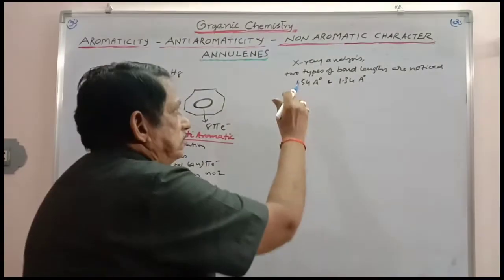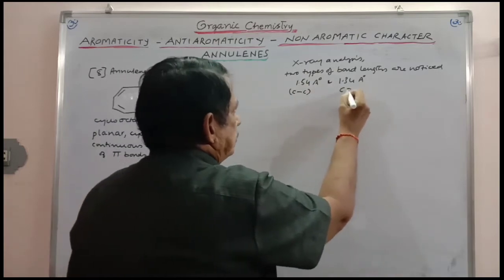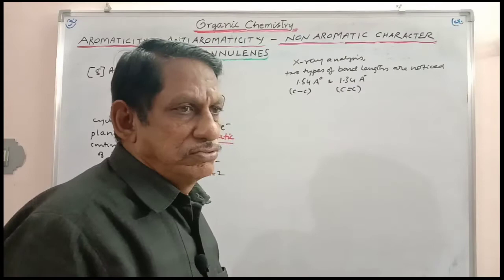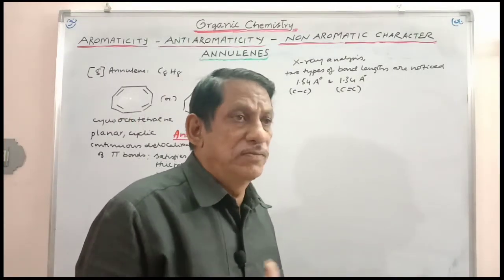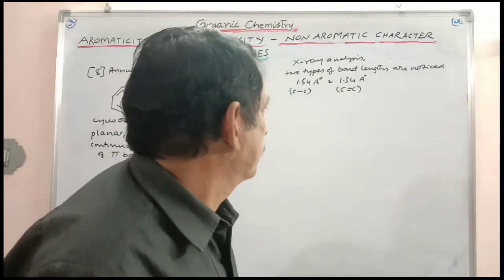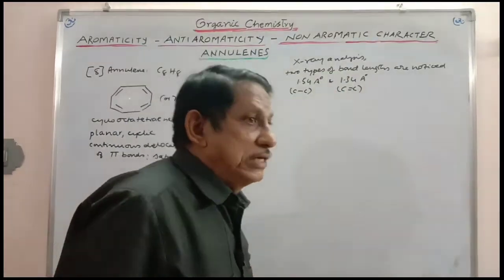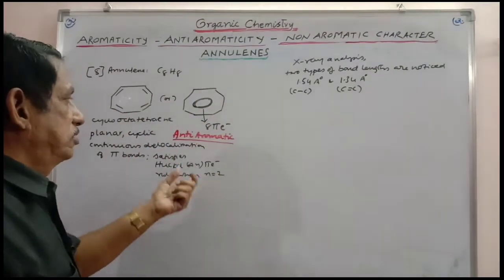This is for C single bond C, and this is for C double bond C. If it were in between these two, 1.39, then you could say it has both double and single bond characters, half each. But this is the practicality, and it is not in agreement with the theoretical aspect by which you say that it is anti-aromatic.